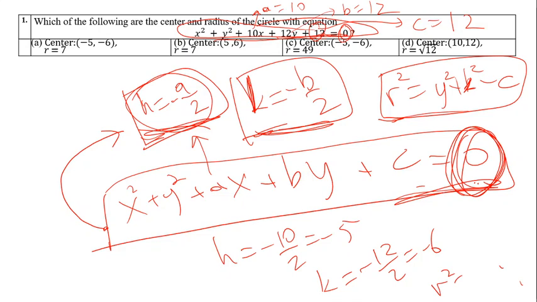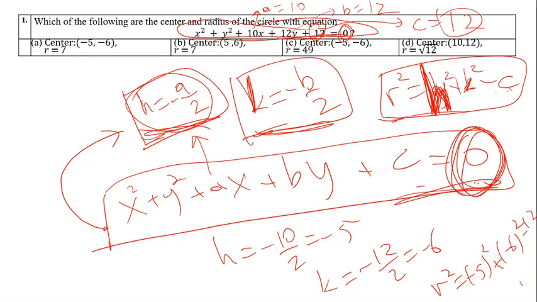And r squared here is, this is not y squared, it's h squared. Sorry, guys. So h is minus 5. Minus 5 squared and minus 6 squared, and then c is 12.